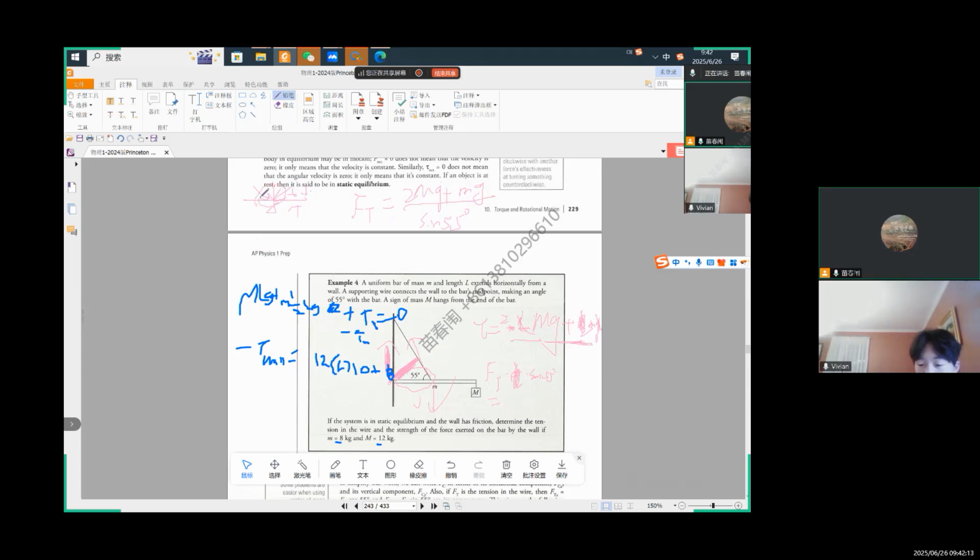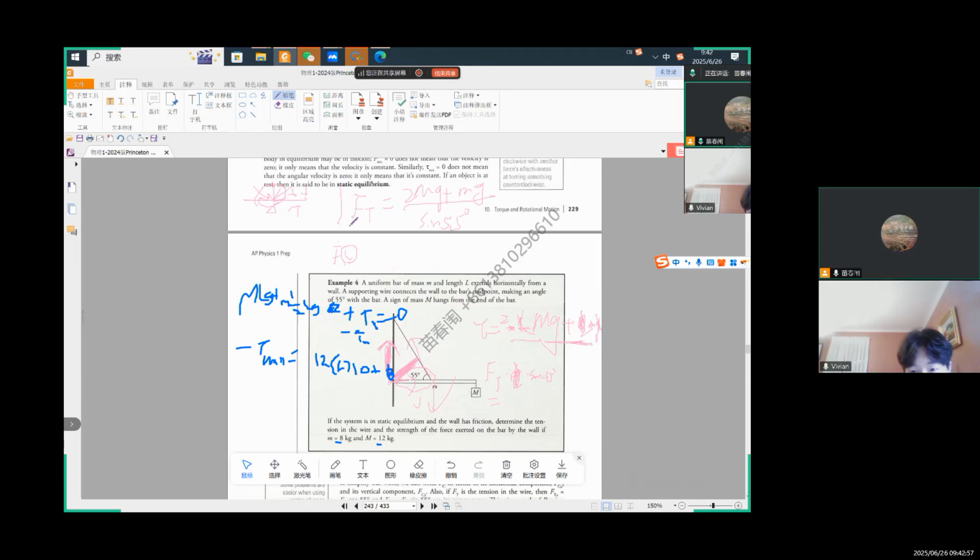As long as the force goes through the pivot, the perpendicular distance from the pivot is always 0. If the action line of the force goes through the pivot, there is no rotation. So that's why this force does not have any rotational effect, including the normal force in here. Although they are forces on the system, they don't have a turning effect.